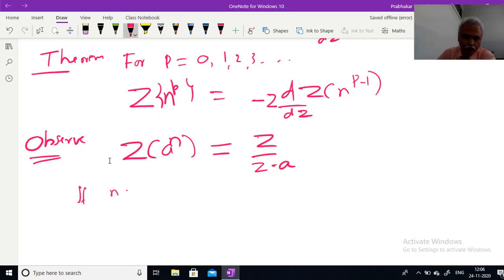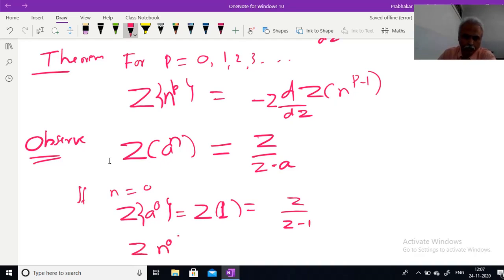If n equal to 0, Z transform of a raised to 0, which is Z transform of 1, is z by z minus 1, and 1 can be taken as Z transform of n raised to 0 also. So we make use of this n raised to 0 concept.